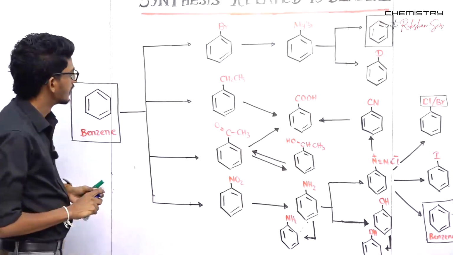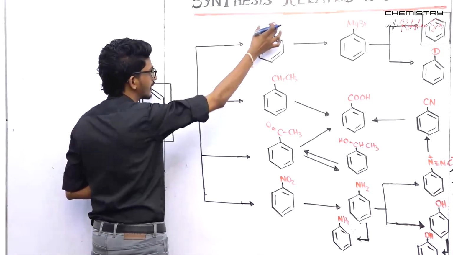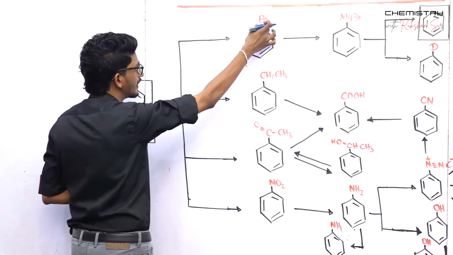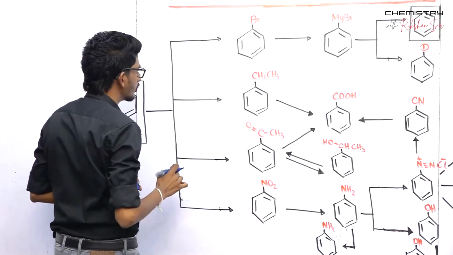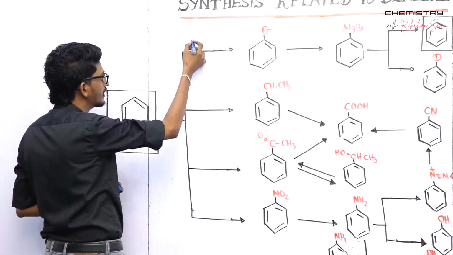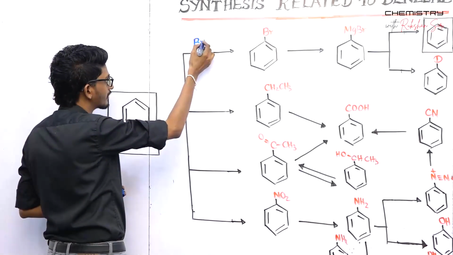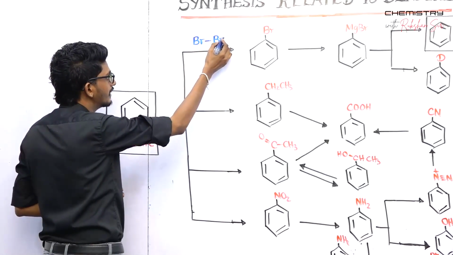If you need to connect a halide group, it could be bromine or chlorine. To connect a bromide group, you have to add some Br to connect to the ring and some Br to leave.